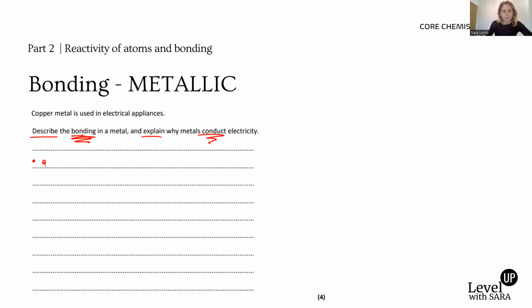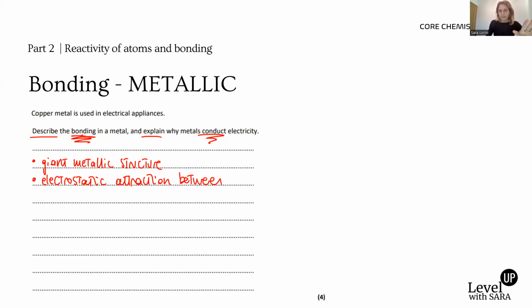We have a giant metallic structure for the structure. And the bonding is, I would always say, if it says specifically describe the bonding, define the bonding, always do it in terms of the electrostatic attraction between.